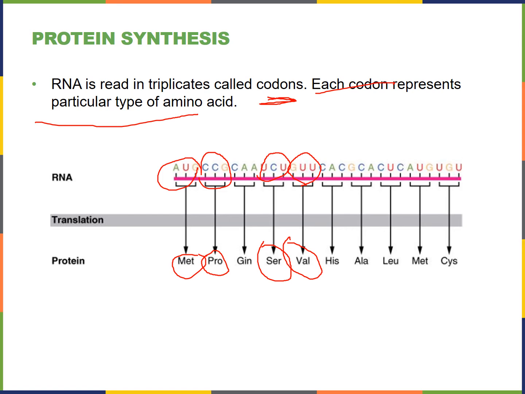This is the name of the amino acid. The 3 letters are the specific code for a specific amino acid, and when you put a specific sequence of amino acids together, it makes a specific protein.